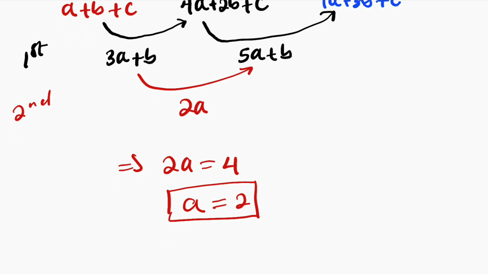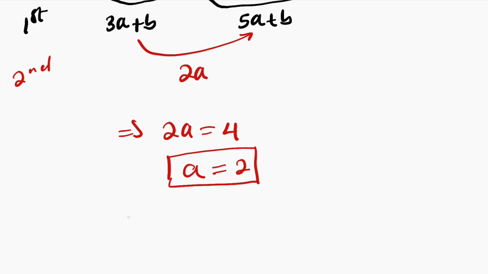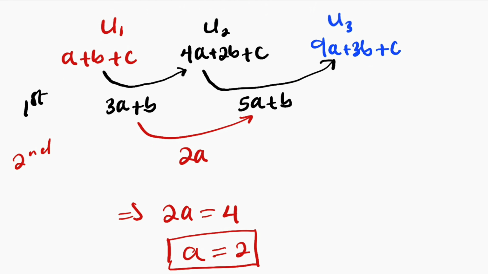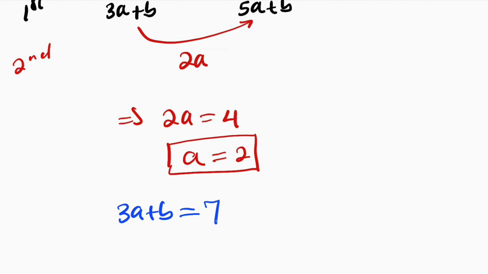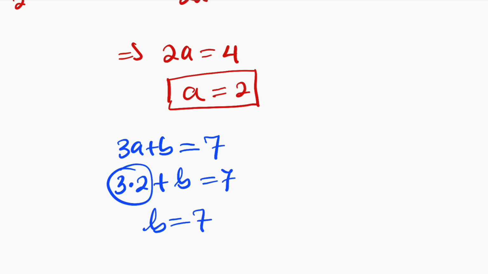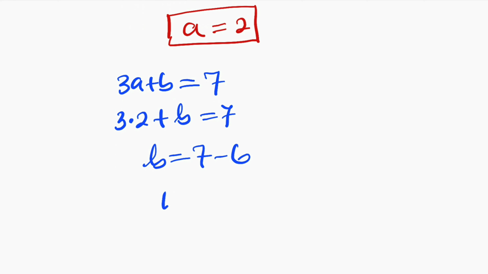So 3a plus b is equal to, is it 7? Yeah, 7. But we have seen that a is equal to 2. So this is 3 multiplied by 2 plus b equal to 7. B therefore is equal to 7 minus this number, which is 6, minus 6. And b therefore equals 1.